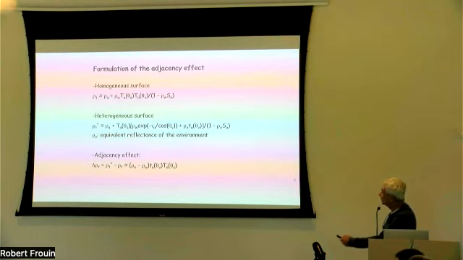This is the case where you have a heterogeneous surface, and we just want to focus on this equation, which is the adjacency effect. That's the difference between a heterogeneous case and a homogeneous case. And you see that this effect depends on the contrast between the water reflectance that you want to retrieve and some equivalent environment reflectance, modulated by atmospheric translucency.